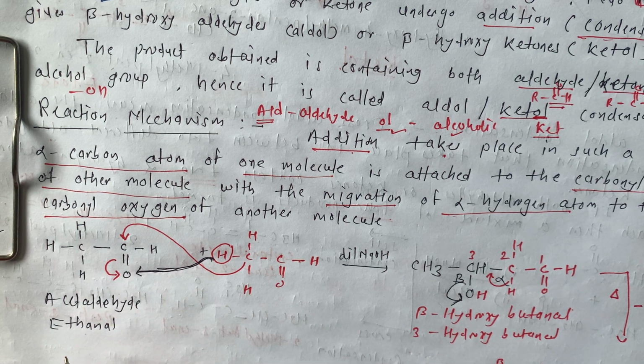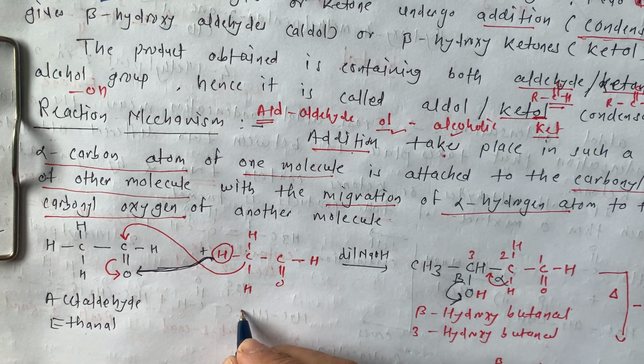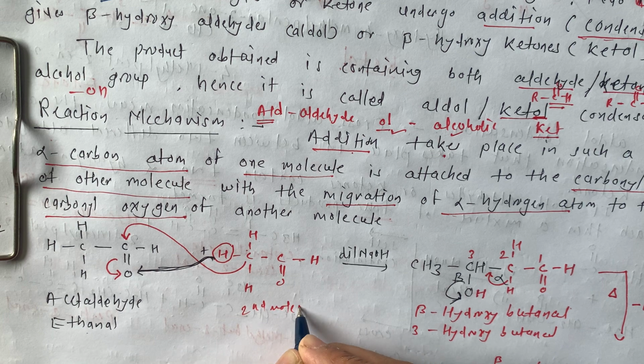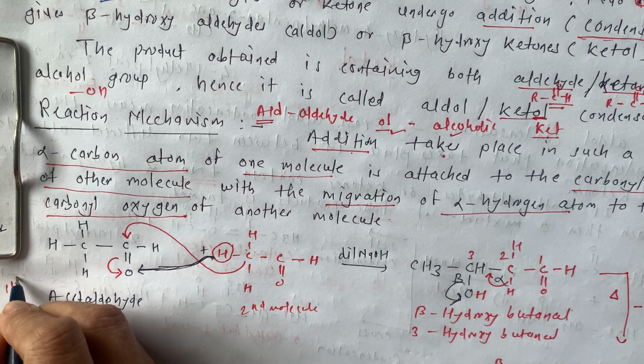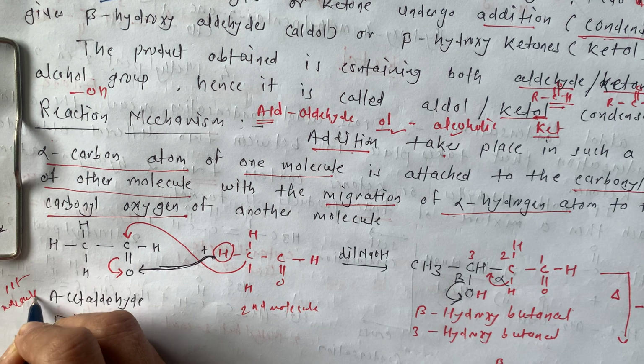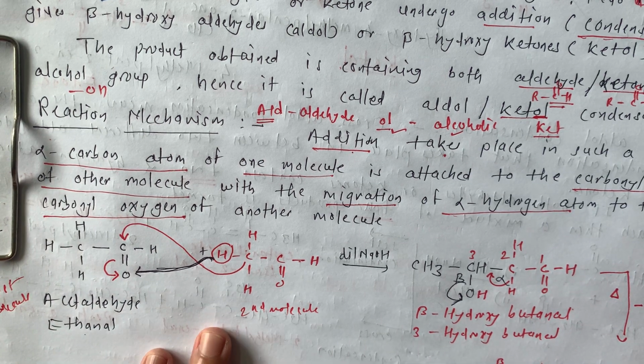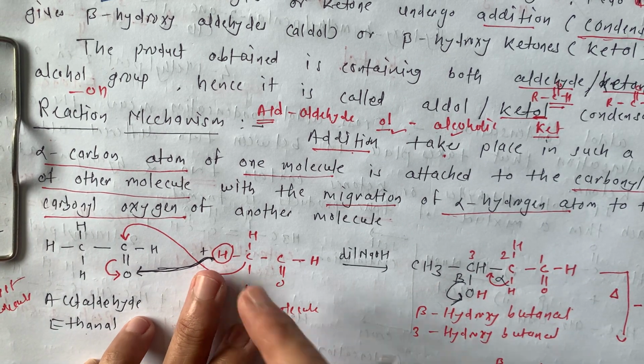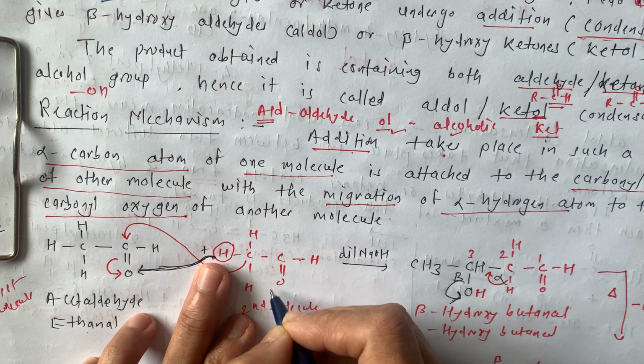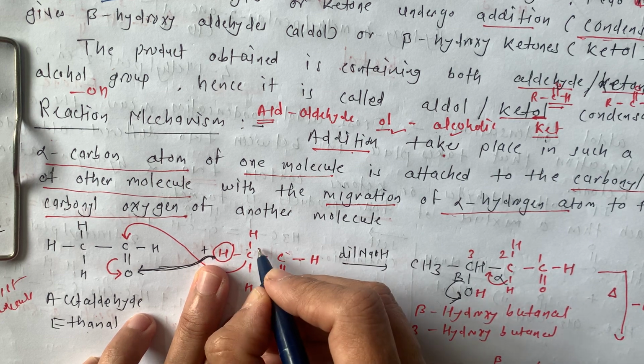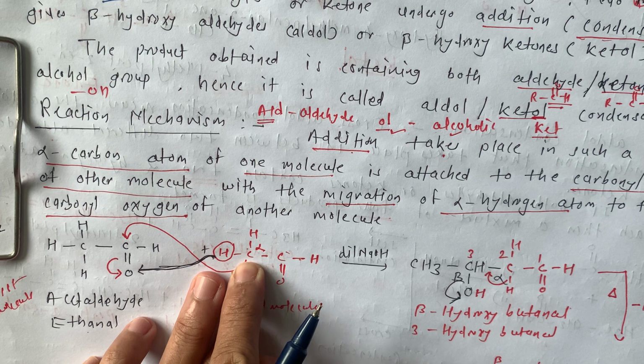This is one molecule, this is the second molecule, while this one is the first molecule. Okay, so what is going to happen? See, this is our carbonyl carbon, so this is our functional group. Next to that is the alpha carbon.